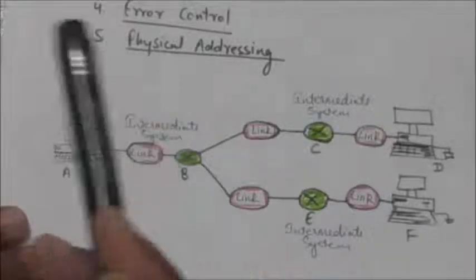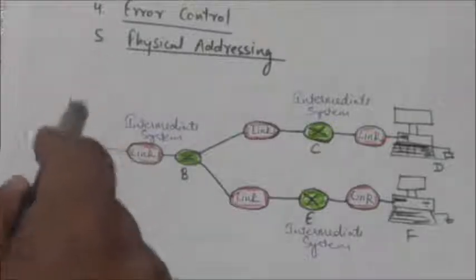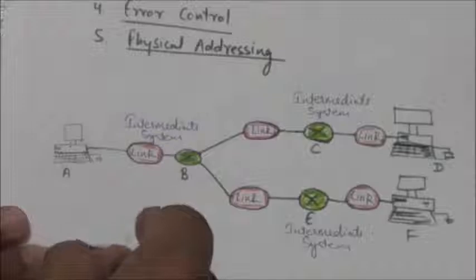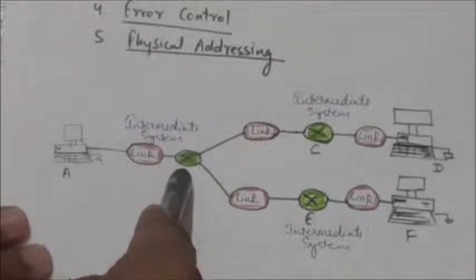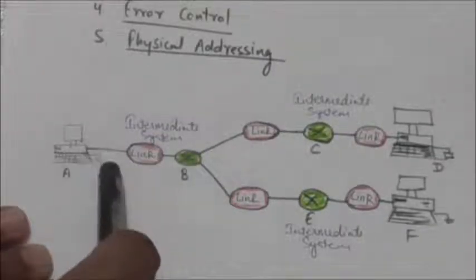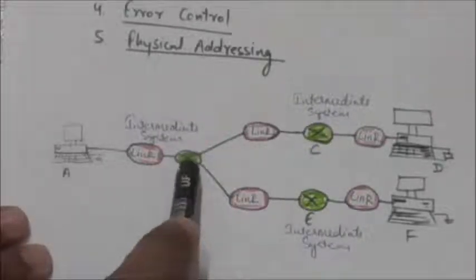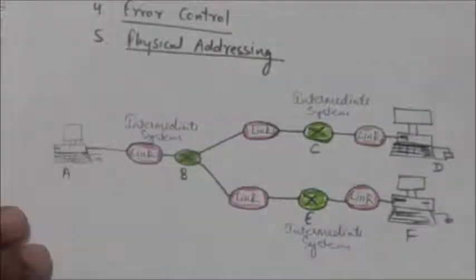First of all, the data link layer of node A sends a frame to the data link layer at node B, and this frame will have B as the destination address and A as the source address.